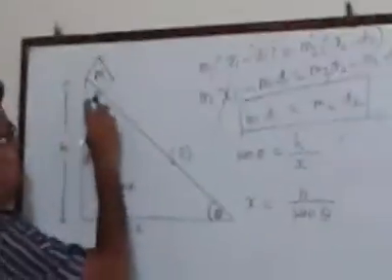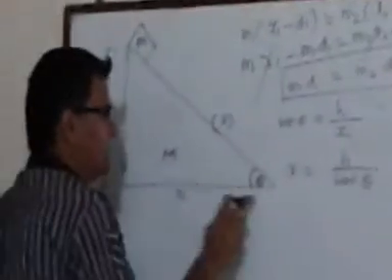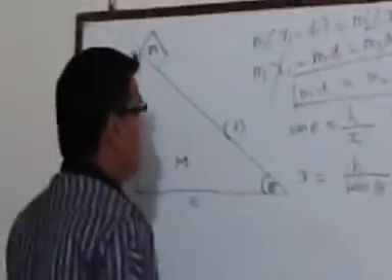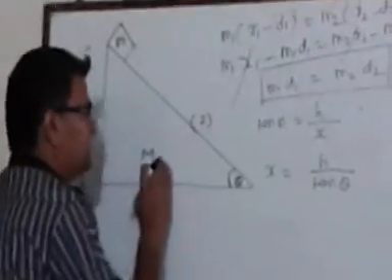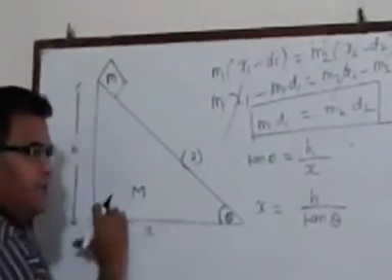Now let us consider the relative motion of the block m and the wedge, capital M. The total distance moved by this and this must be equal to x. But obviously, as m is moving towards right, this capital M is moving towards left.